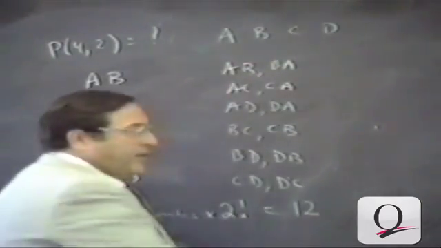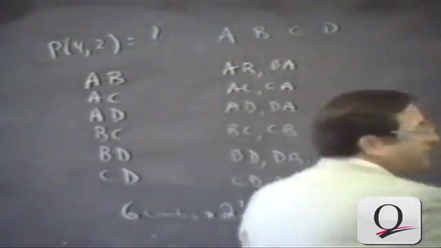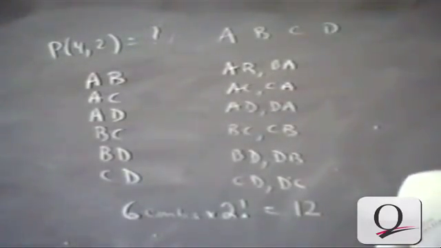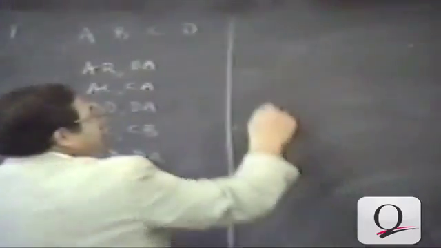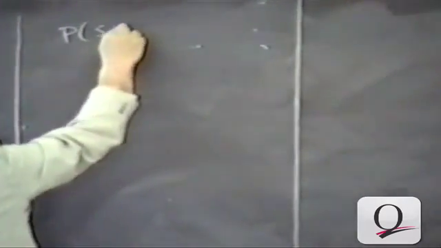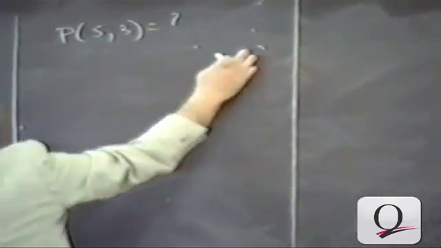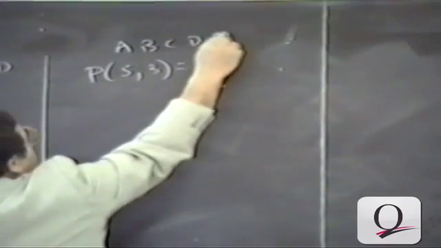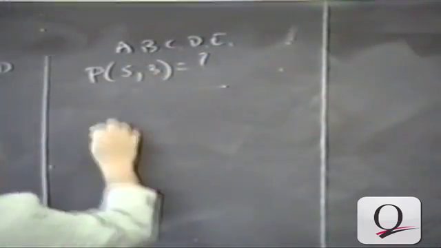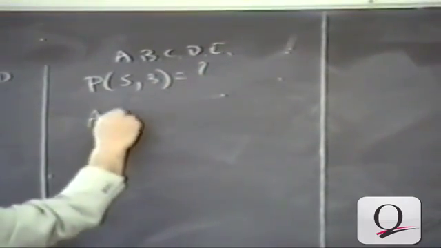If I did it with 3, let's say 3 out of 5, how would I get the number of permutations? Well, let's say I had A, B, C, D, E. I would list the 10 combinations.